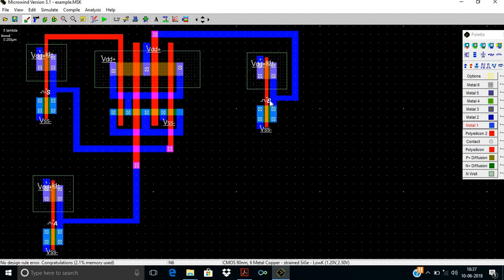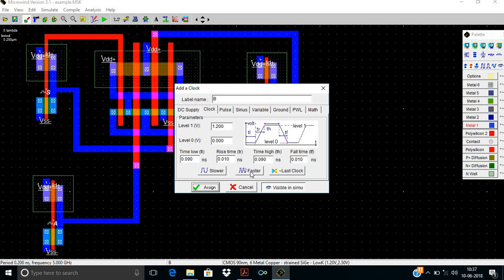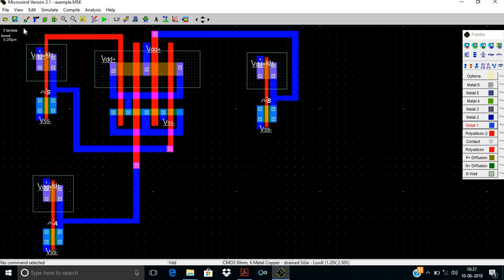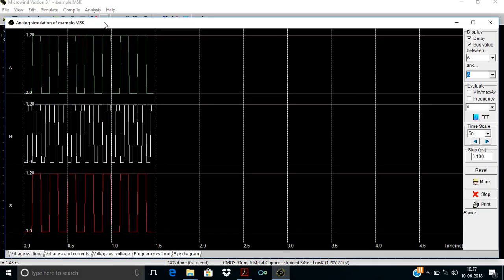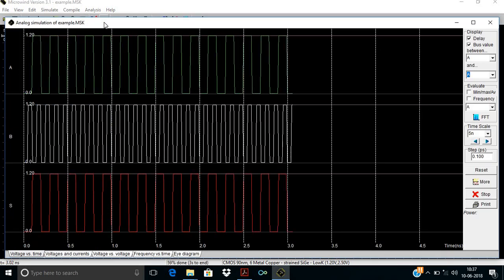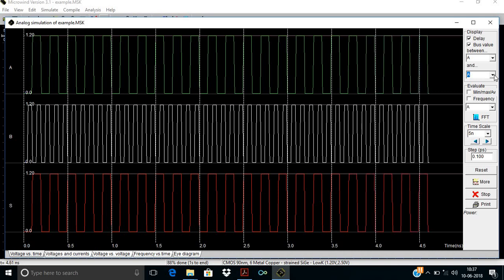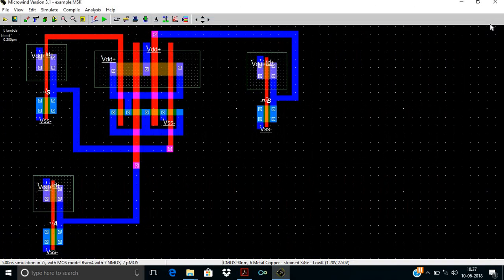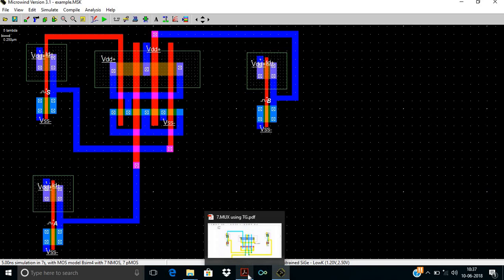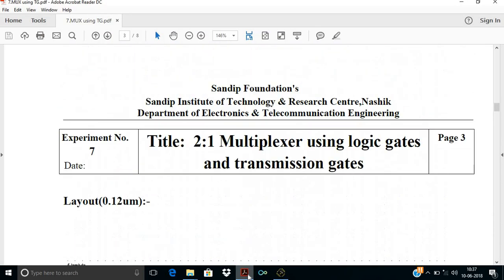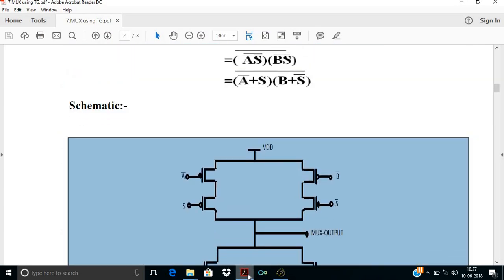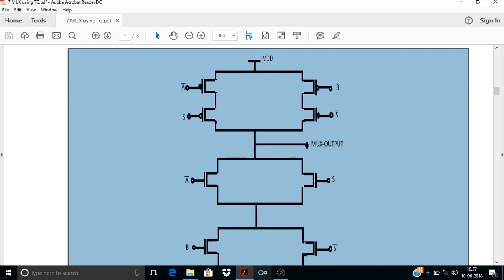Now we will change it somewhat to make it faster. First of all we will check and then we will see the result. Now where is our output? We have to observe the output at these metal connections.